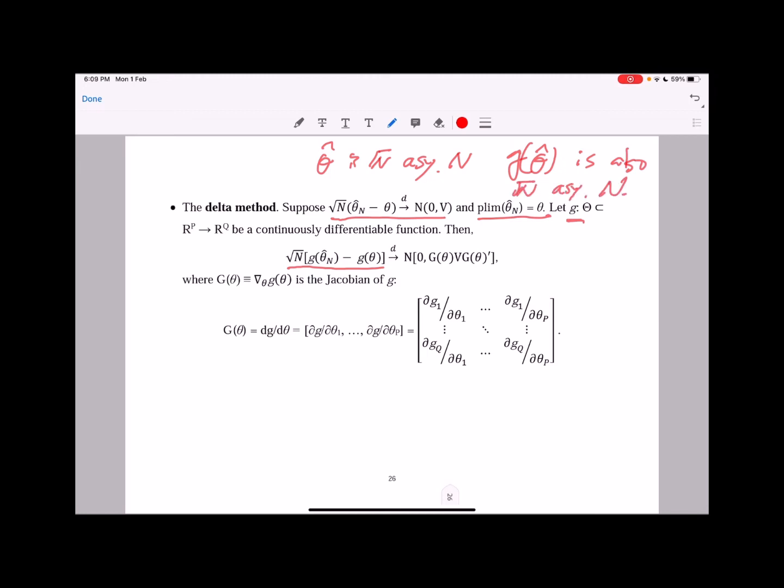It's still normal. Not only that, we can also get the variance. Its variance has a very simple quadratic form based on the first order derivative. The G here is called the Jacobian, which is the first order derivative of the function g.